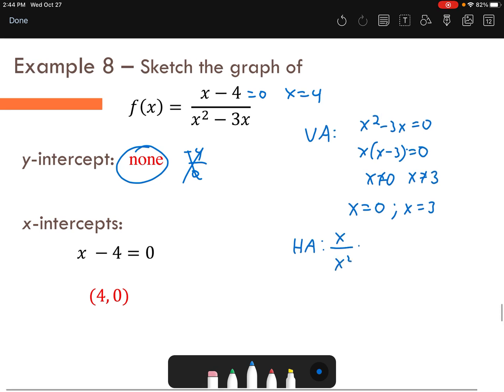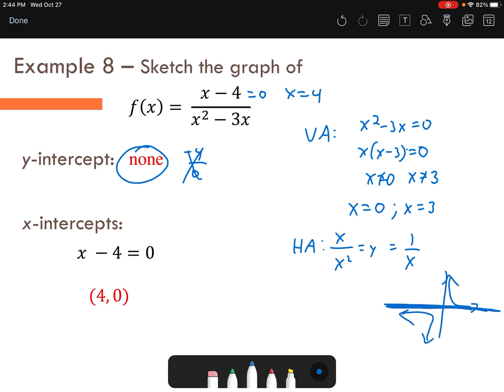For the horizontal asymptote, we take leading term over leading term, which is x over x squared, which gives me 1 over x. If you recall, that approaches 0 in both directions. So y equals 0 is our horizontal asymptote.